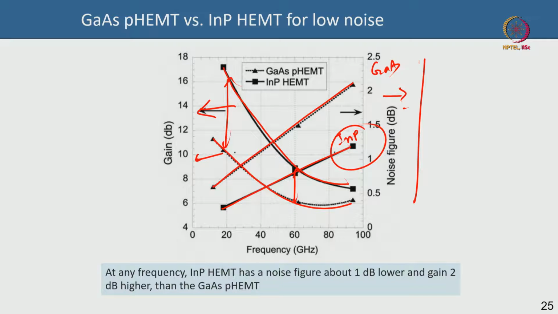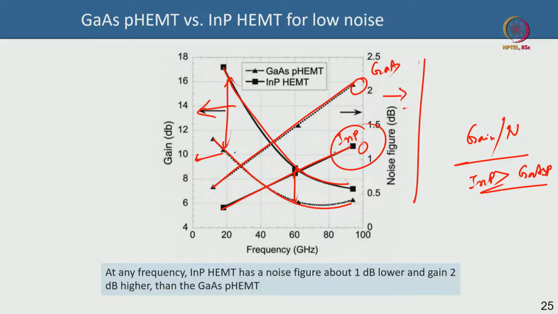Noise figure of indium phosphide being 1.2 dB when the noise figure of gallium arsenide is around 2 dB is impressive. So, both for gain and for noise, okay, indium phosphide is superior to gallium arsenide pseudomorphic HEMT, and of course, which is superior to the baseline traditional gallium arsenide HEMT for all low noise application.